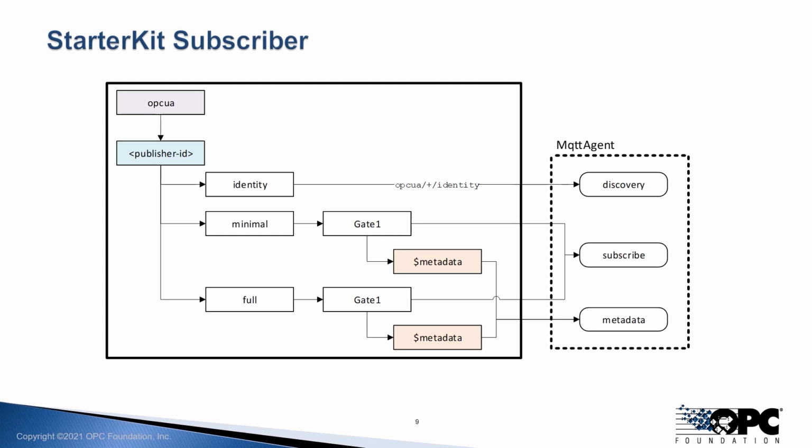It's just to illustrate different features of the OPC UA specification. And underneath the data sets, which is gate 1 and gate 2, you have the metadata. And this metadata is key for being able to get the information model that is needed to understand the data.